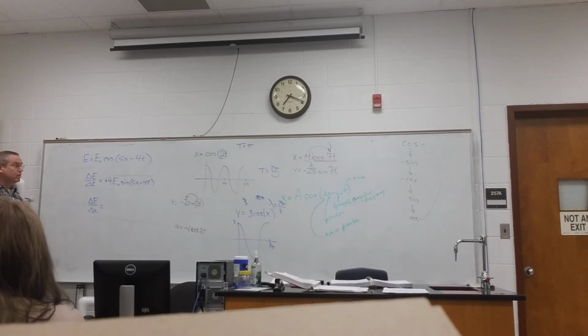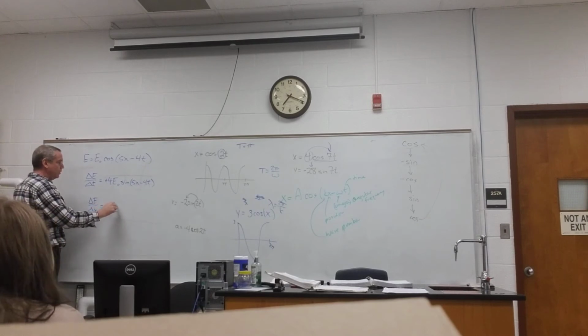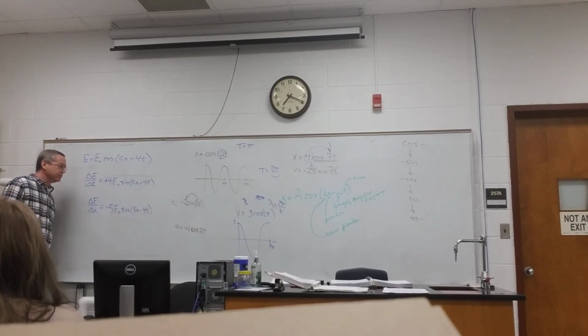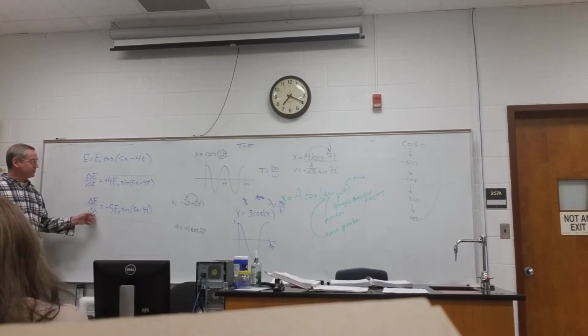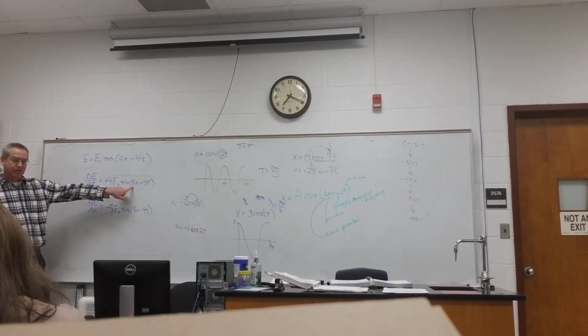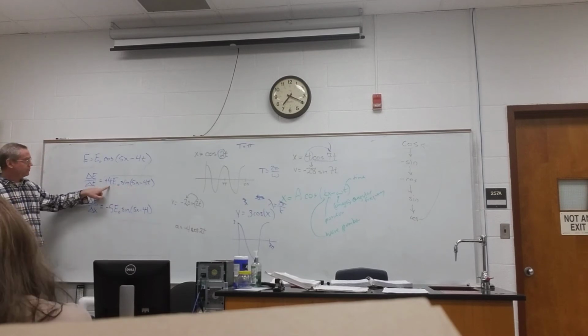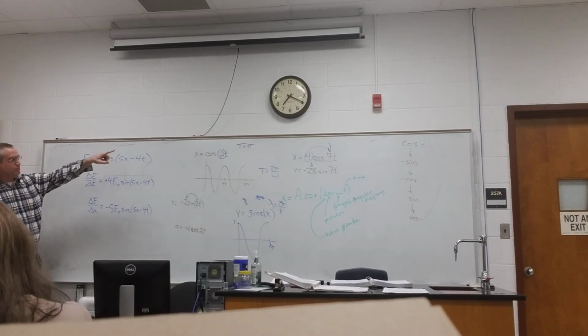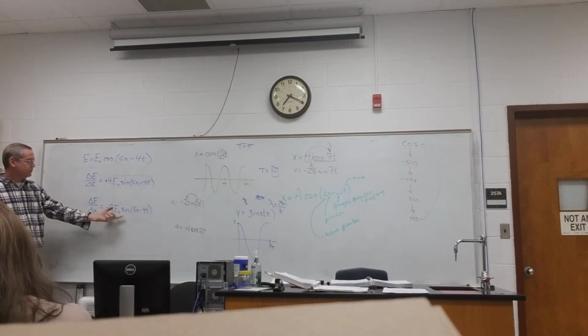Pardon? -5 E sub 0 sine of 5x minus 4t. Yep. Because now I'm dealing with the x, I don't care about time, I care about the x piece. So I take the 5, because it's the one right in front of x, multiply it out front. So 5 times that, and then cosine becomes negative sine, given our chart over there.